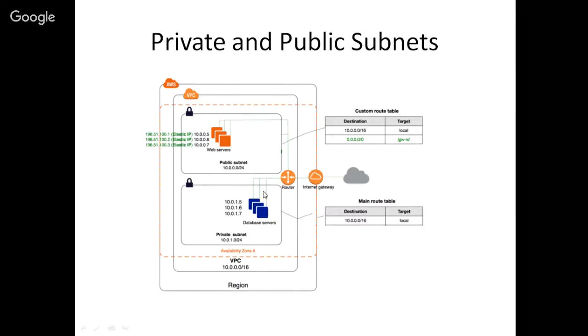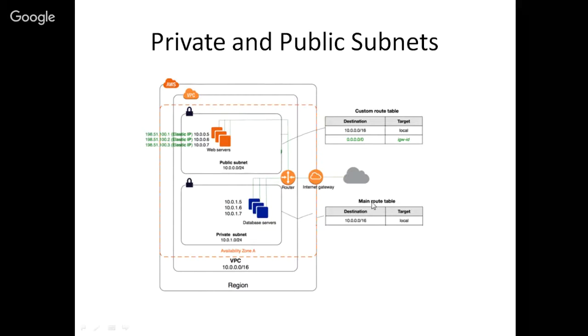Okay, let's talk about the private subnet. I have a routing table, which is my main routing table. There is no route to the internet gateway. By default, the route is only enabled to allow communication within the same subnet, so that instances can communicate with each other. This is the rule which you have to add explicitly.